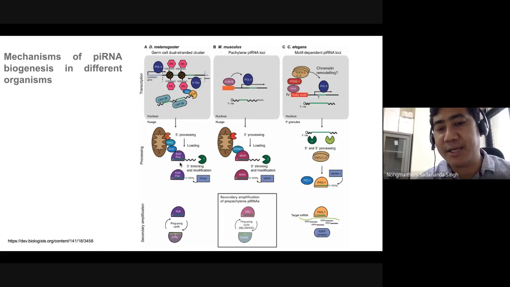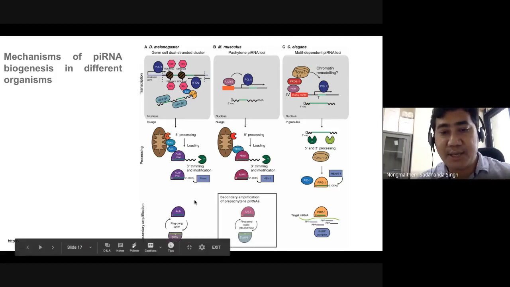The mature piRNA is bound by PIWI-interacting proteins, such as Aub or Piwi, and this goes and targets the specific RNA or genomic locus, which we'll discuss.